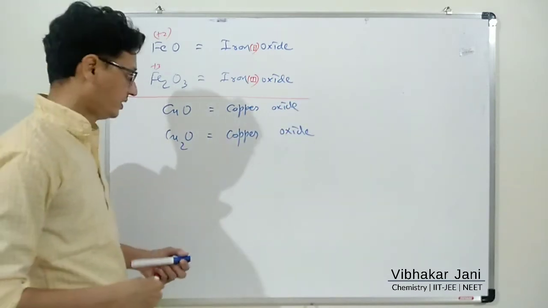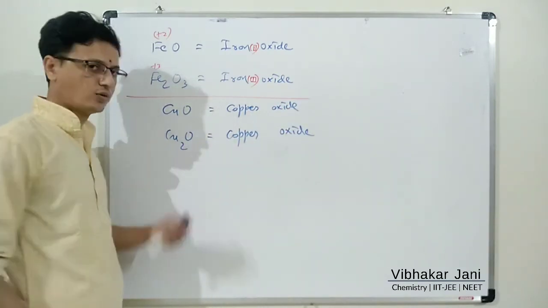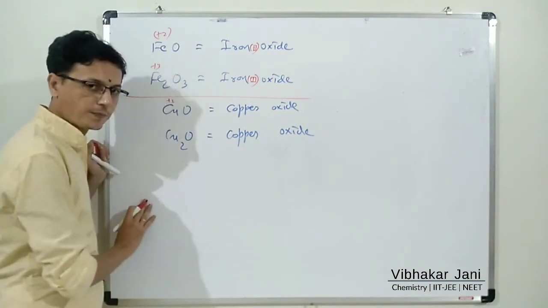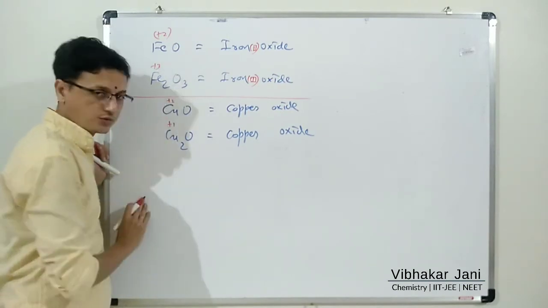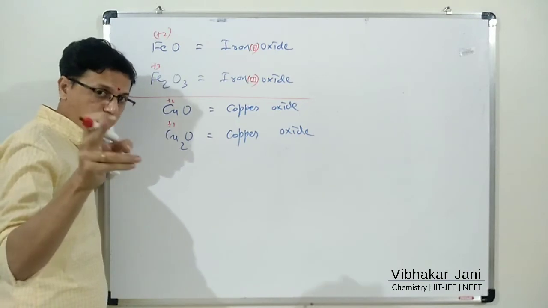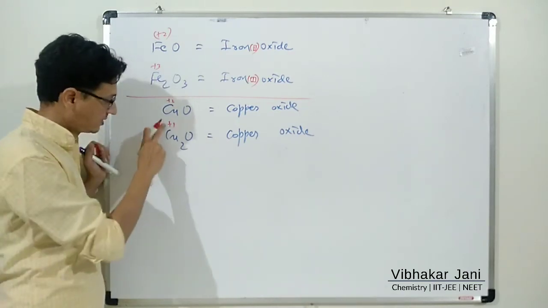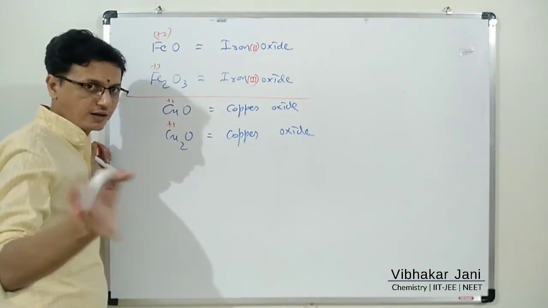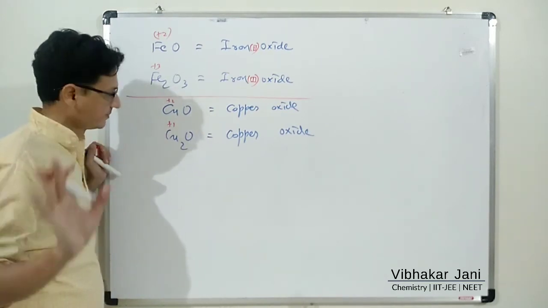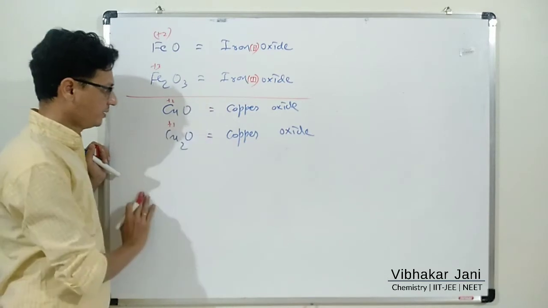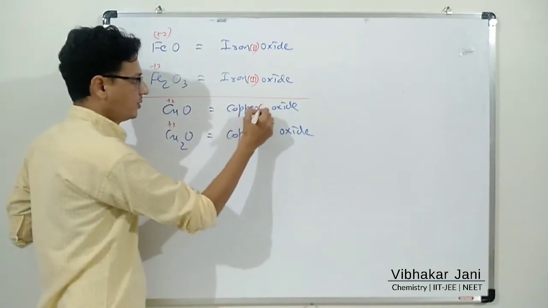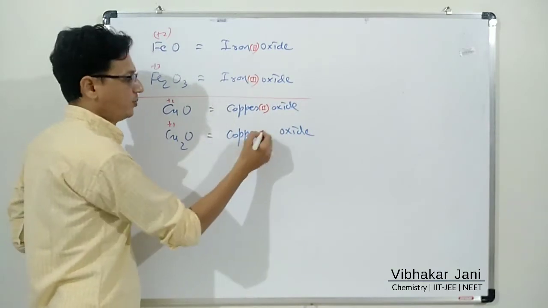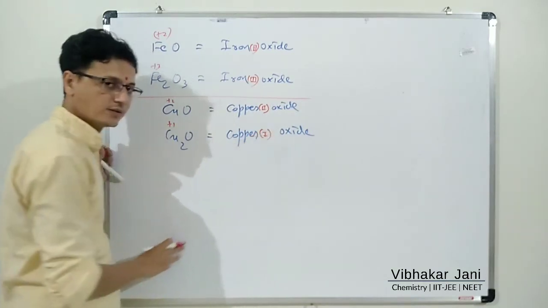But the only difference is the oxidation state of the copper. Here this copper is in +2, but this is in +1. How will you find that the oxidation state of this copper is +2? Now you are able to find it. So the name will be copper(II) oxide. This will be copper(I) oxide.